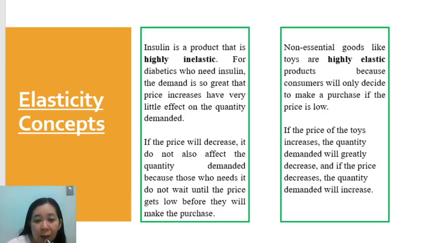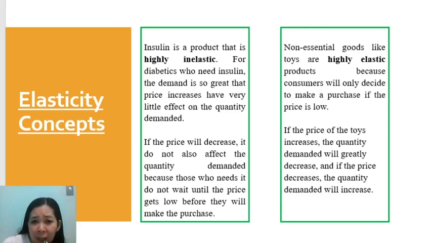Here, insulin. Insulin is used for diabetic patients. Insulin is a product that is considered to be highly inelastic. Why is that so?